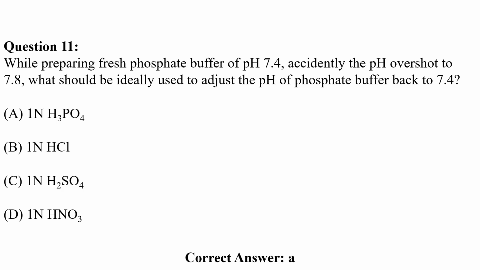So that even if the substrate or whatever components I add to the reaction mixture, those components should not disturb the pH, and my enzyme should be able to function perfectly at the pH in which I have prepared the buffer. So that is the use of a buffer.